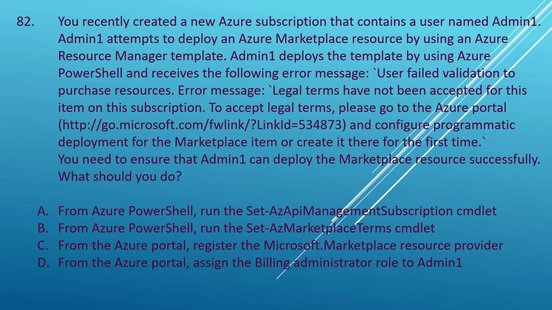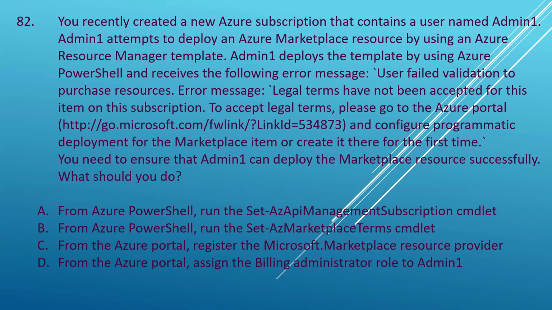The error is user failed validation to purchase resources. Error message says legal terms have not been accepted for this item on this subscription. To accept legal terms, please go to the Azure portal. Then you have a link with more details, and configure programmatic deployment for the marketplace item or create it there for the first time.